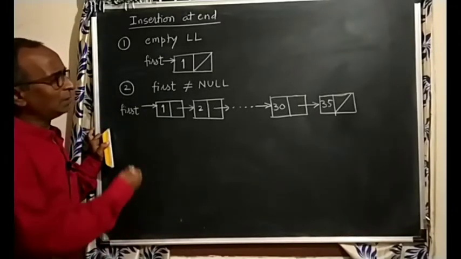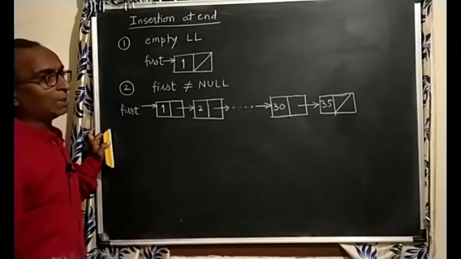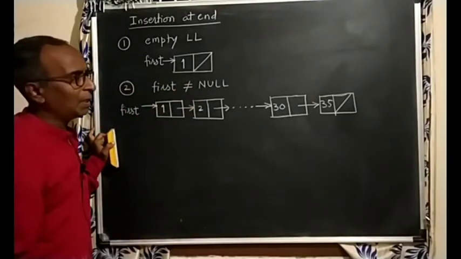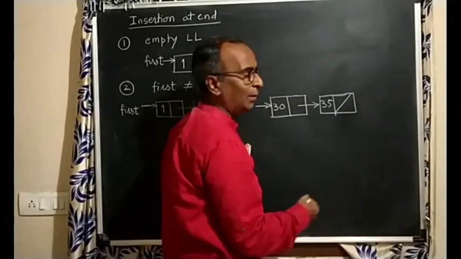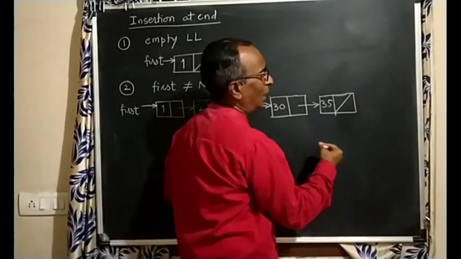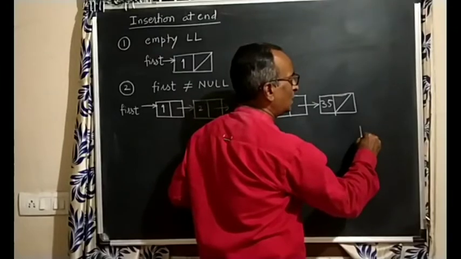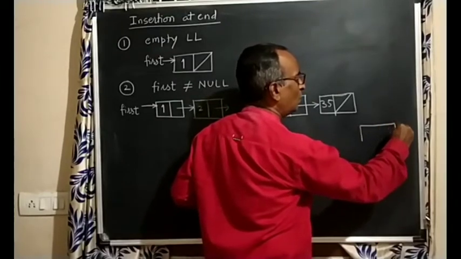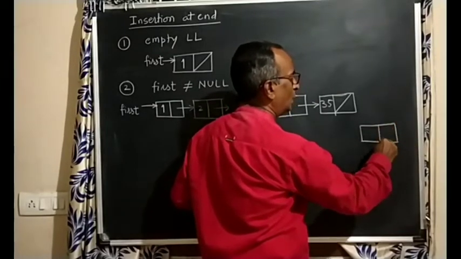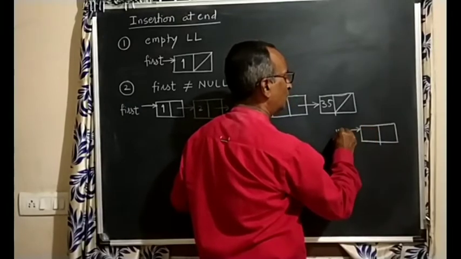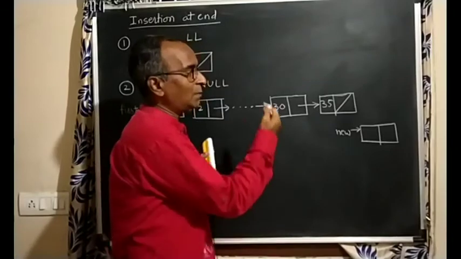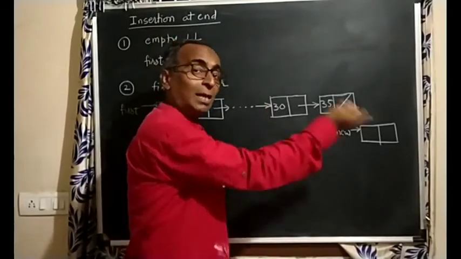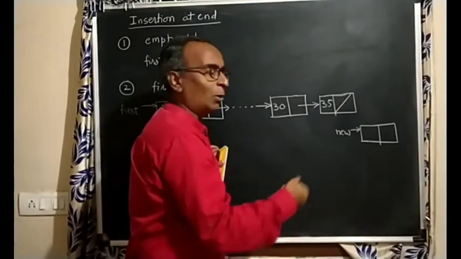Now when linked list is not empty and you are inserting at end, you are inserting after this node, right? So anyway you are creating, in insertion case you have to create one new node. This is the new node. Now as we are inserting a node at last, what will be linked?